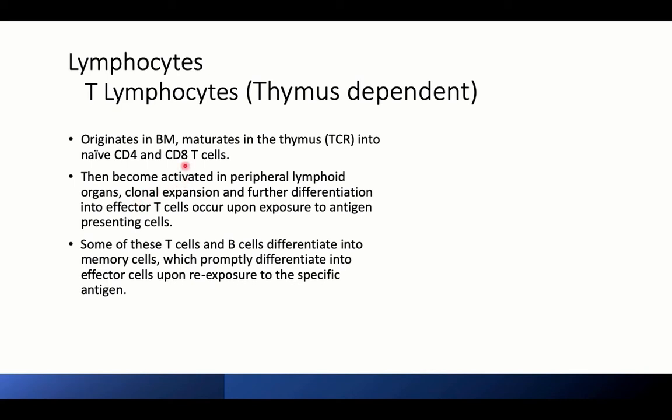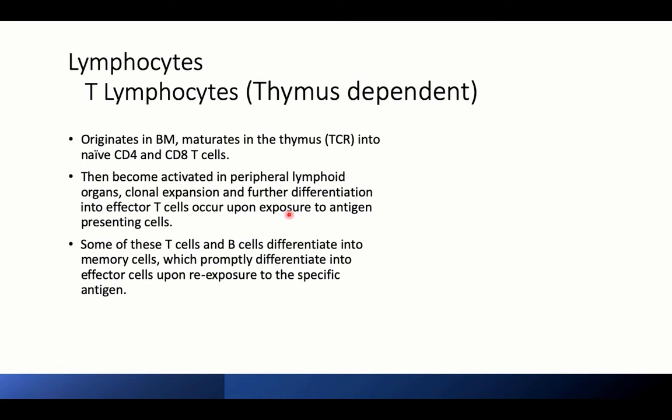After they are activated, clonal expansion of lymphocytes and further differentiation into the effector T cells occur upon exposure to antigen presenting cells. So we start in the bone marrow forming naive T lymphocytes that migrate to the thymus to acquire the T cell receptor, or TCR.